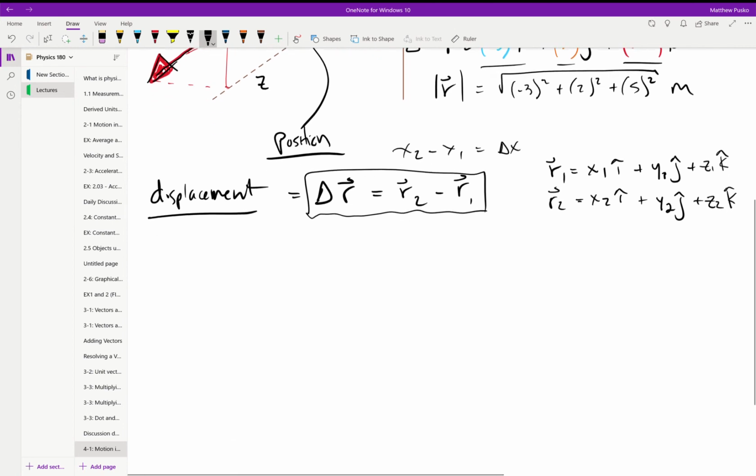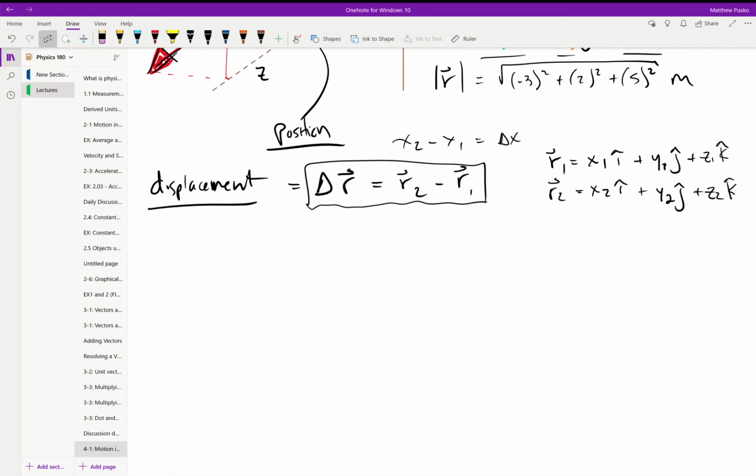Well, I can throw those in my displacement formula, and we get a delta r. Subtracting 2 vectors will always give us a vector, so we're just subtracting like components.